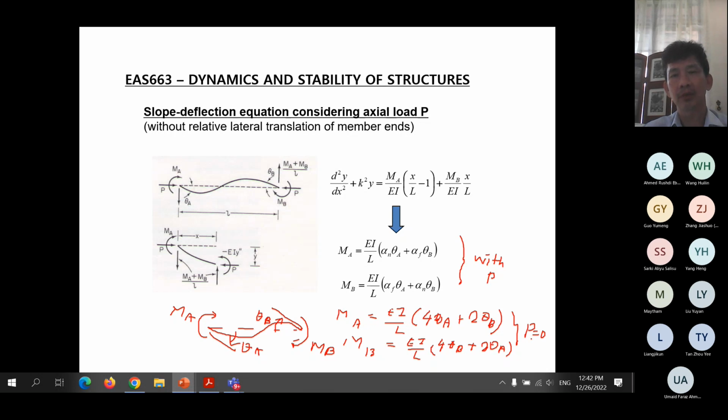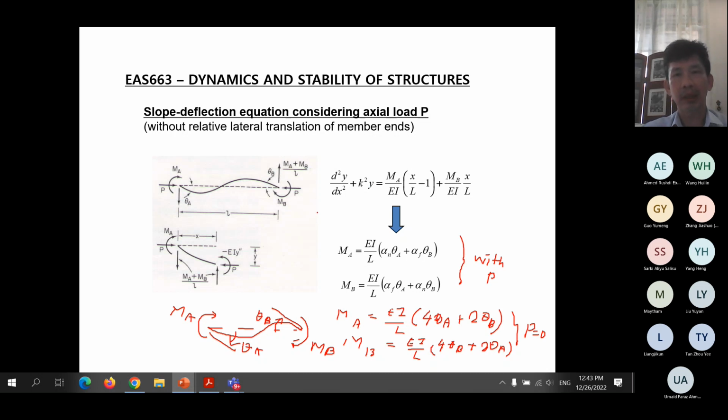This is when P is equal to 0. But when the effect of the P has to be considered because it has effect on the bending stiffness, then this alpha become a function of P, it is not constant anymore. So that is one of the difference of the slope deflection equations, where the conventional one and the one that we need to consider the effect of P.